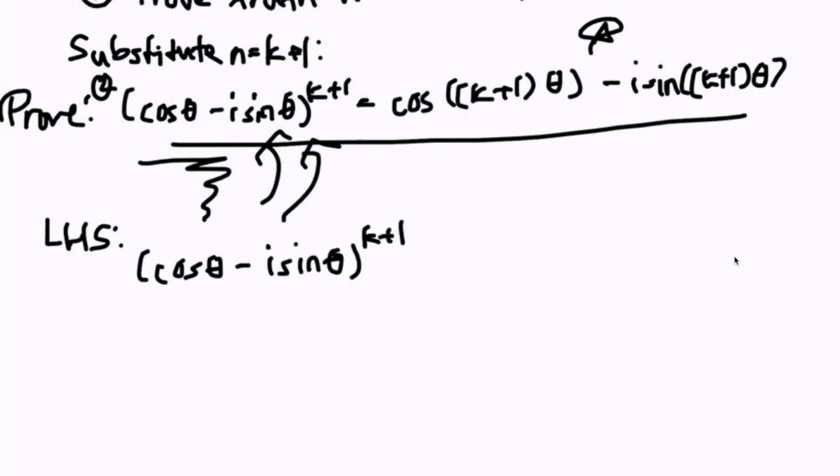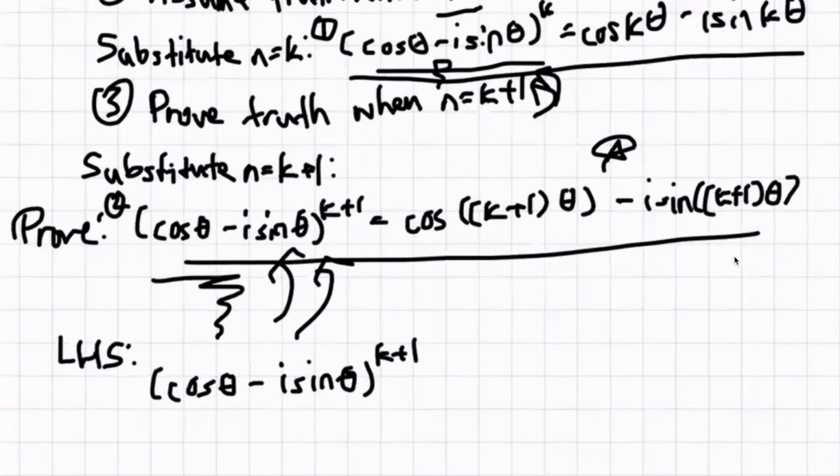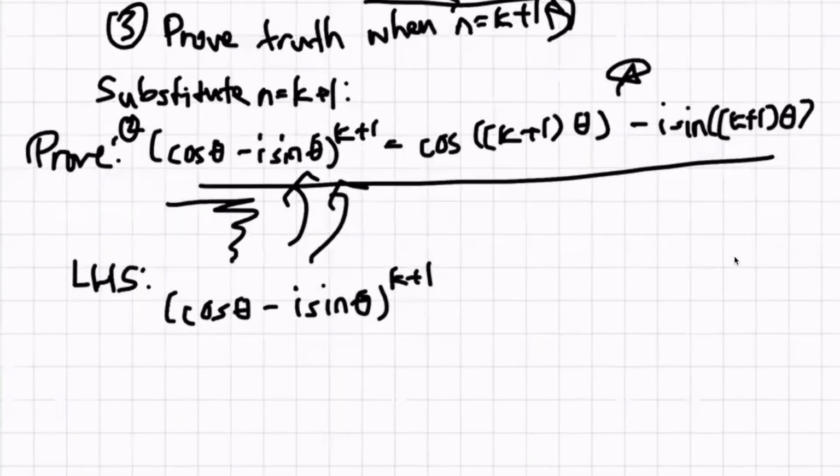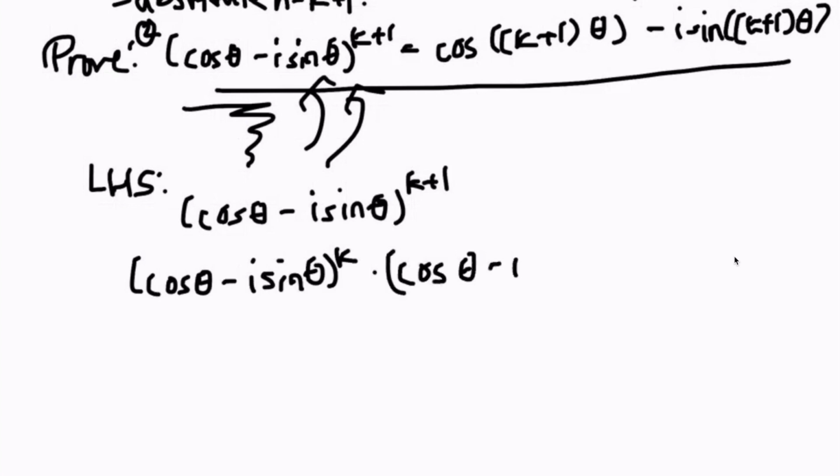All right, so writing this in terms of cosine theta minus i sine theta to the kth power, we get cosine theta minus i sine theta to the kth power times cosine theta minus i sine theta.